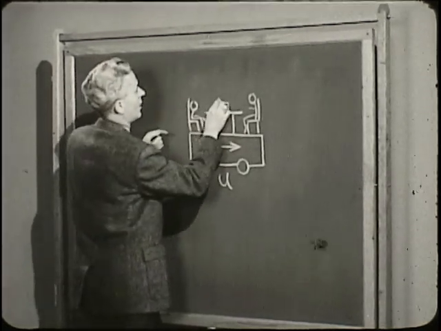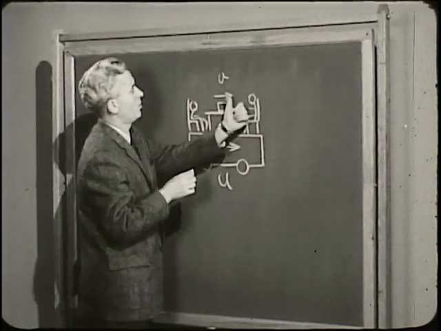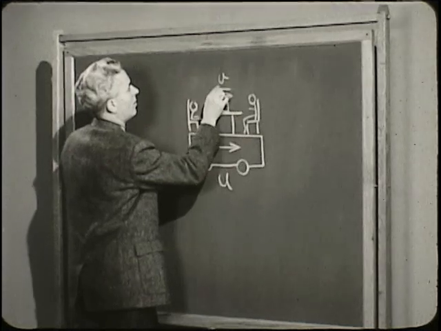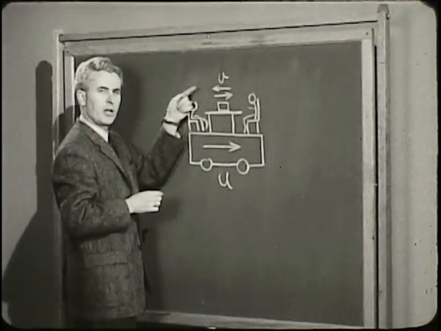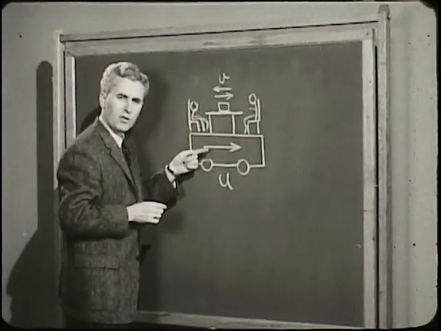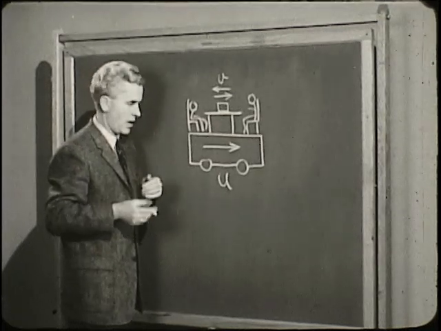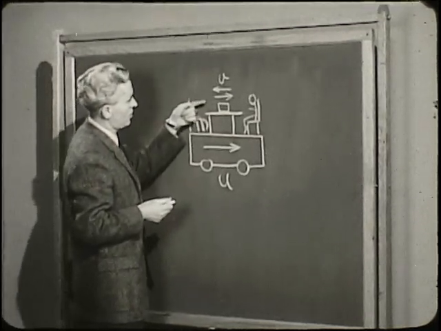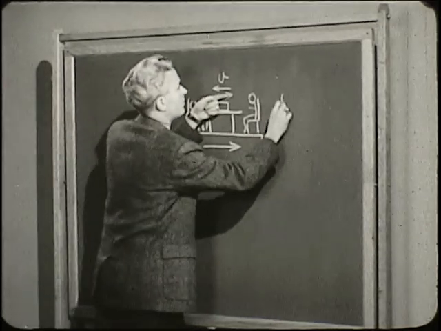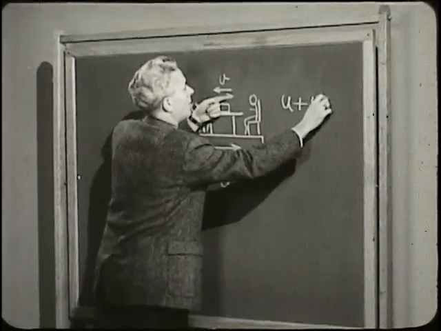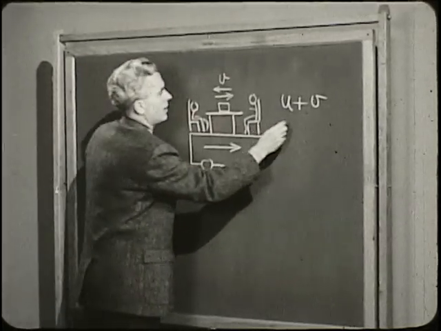When I pushed it, it went in this direction with a velocity v, and when Dr. Hume pushed it, it went in this direction with the same velocity v, but this is the velocity relative to the cart. What about the velocity relative to an observer on the ground in the fixed frame? Well, if it was pushed in this direction, its velocity is u plus v. If it's in this direction, its velocity is u minus v.